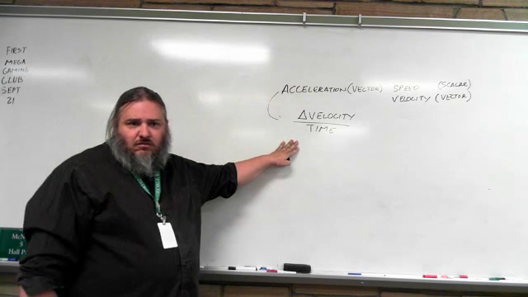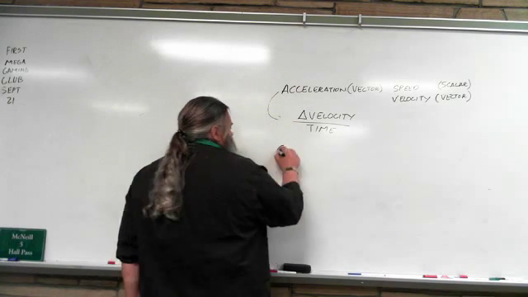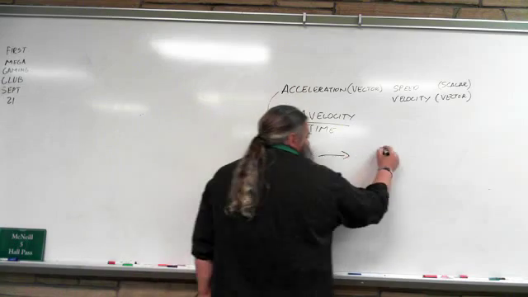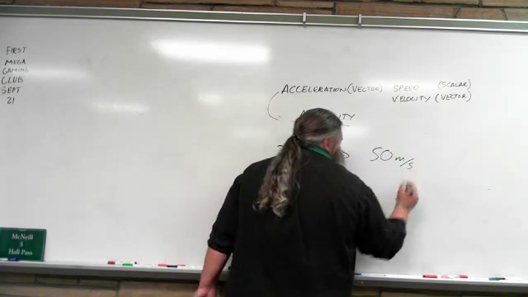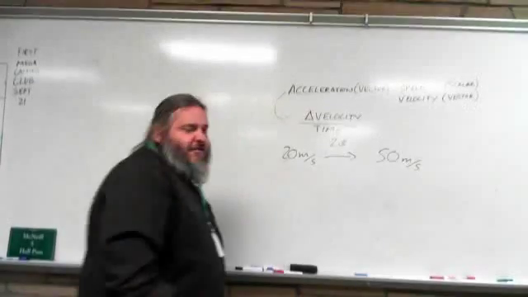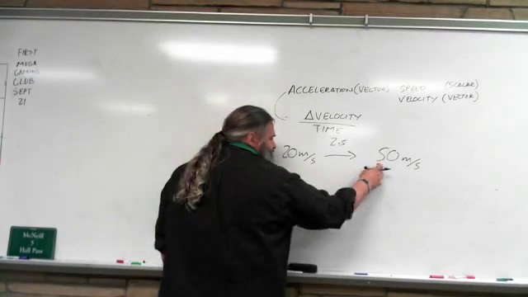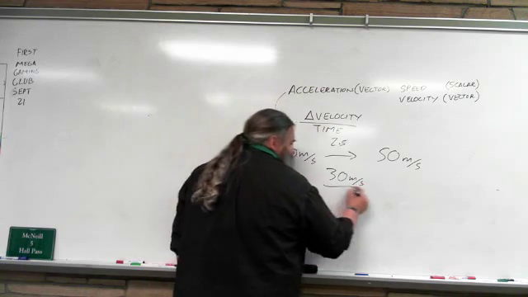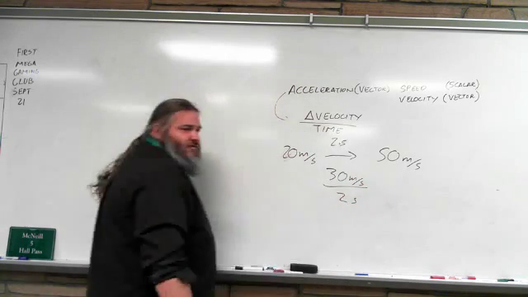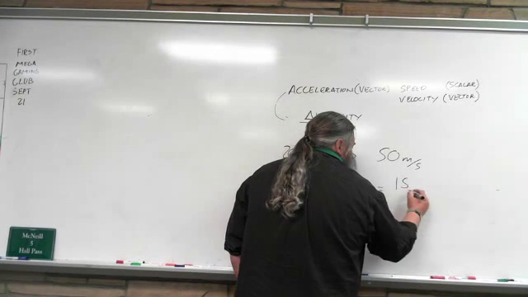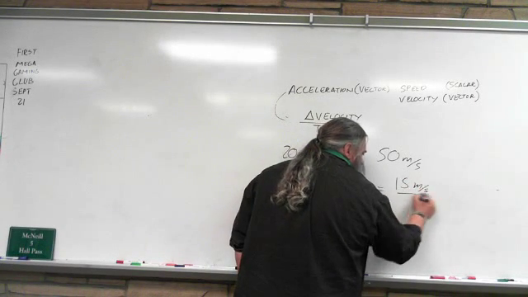Cool? An example: a car going 20 meters per second goes up to 50 meters per second and does that in 2 seconds. Its acceleration is going to be the change, which is 30 meters per second, and it's going to do that in 2 seconds, which means that its acceleration is 15 meters per second per second.